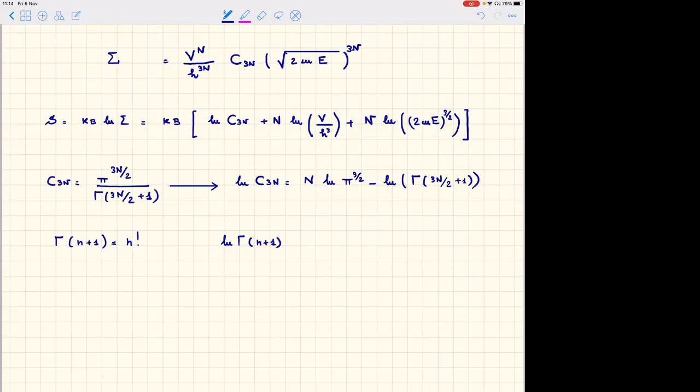I'm using complicated words, but it's essentially the expansion of the log of the gamma function of n plus 1 for large n. So I can rewrite the Stirling approximation as this formula here.